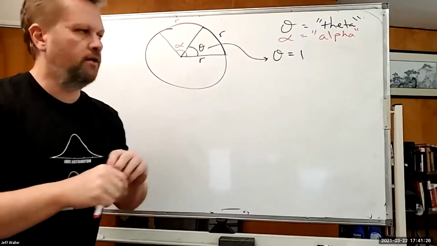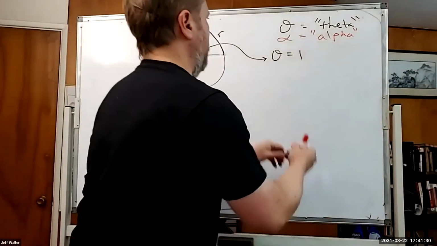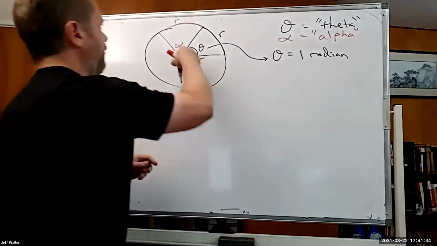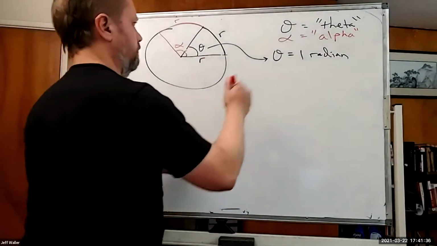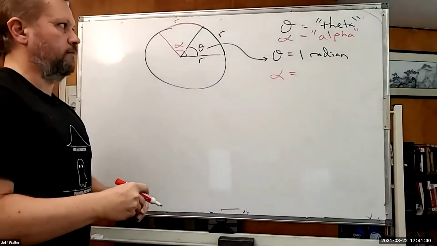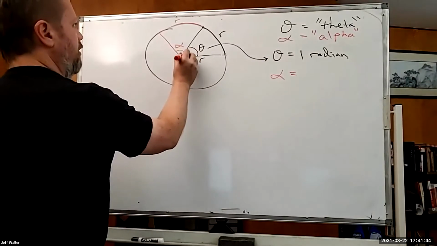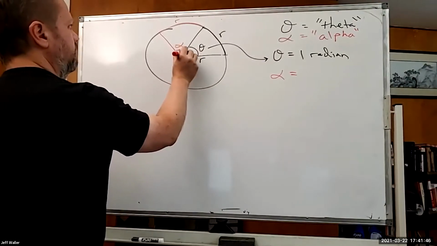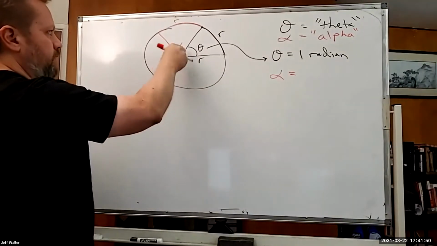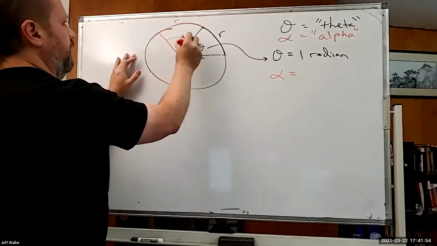What do you think? This is an angle of 1 radian. What would alpha be in this picture? Still 1 radian? It can't be, careful. So see how alpha is this? It's not just here. It's this, right? Otherwise, you'd be right. The angle that goes through here, that would be 1 radian.